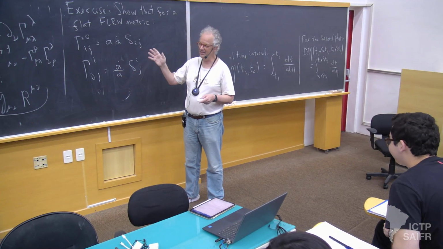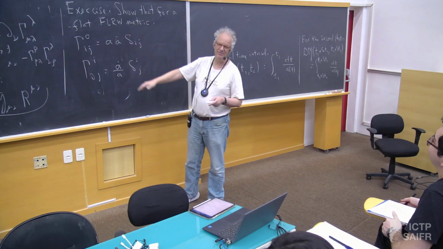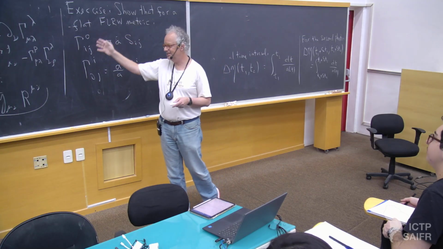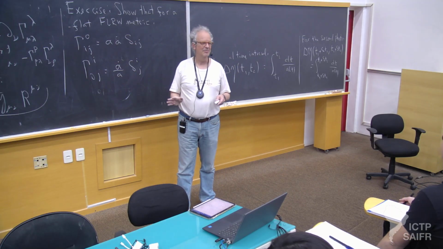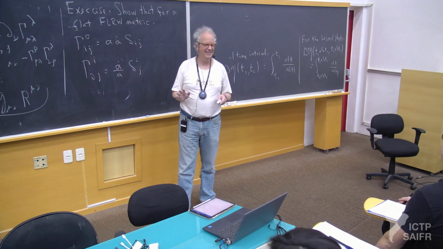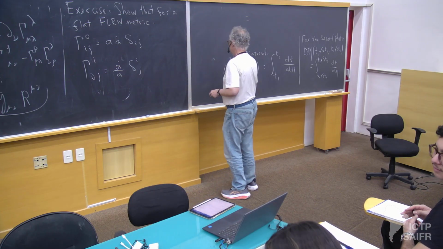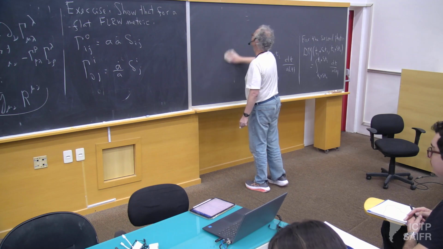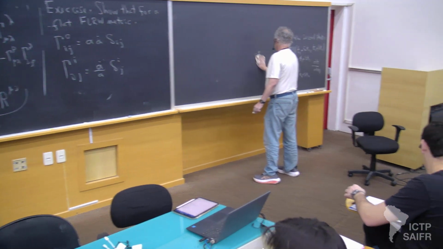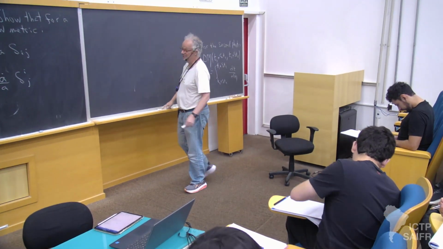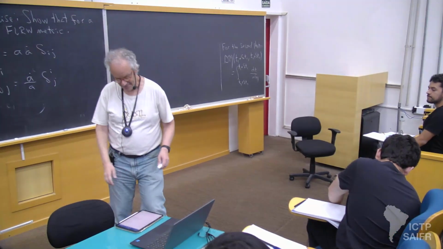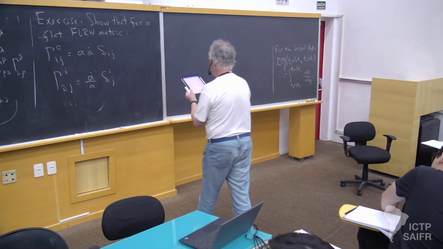You put in the metric, and the code gives you the Christoffel symbols, the Ricci tensor, the Ricci scalar, and everything. But do it once by hand, because it's very instructive, I guess. And it's very nice because it really simplifies. This thing gets very, very simple.